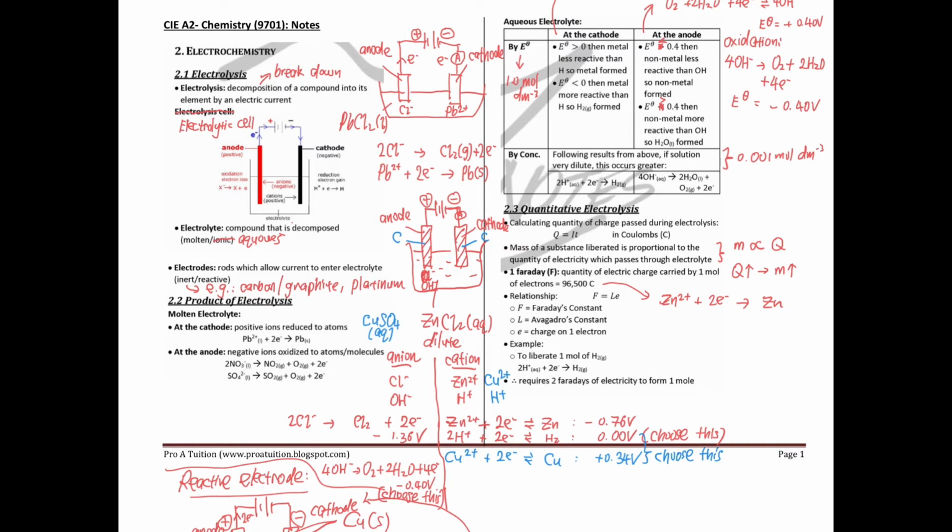From the equation, we can find out something like this. Let's say I use 1 mole of zinc ions. Based on the equation, if you use 1 mole of zinc ions, then it will involve 2 moles of electrons. Then they form 1 mole of zinc atoms.